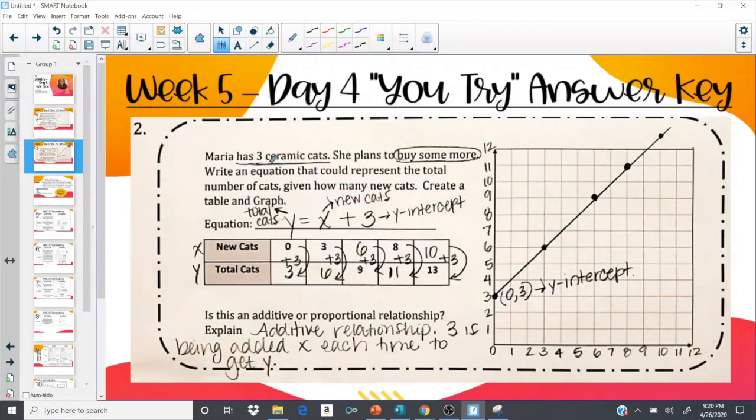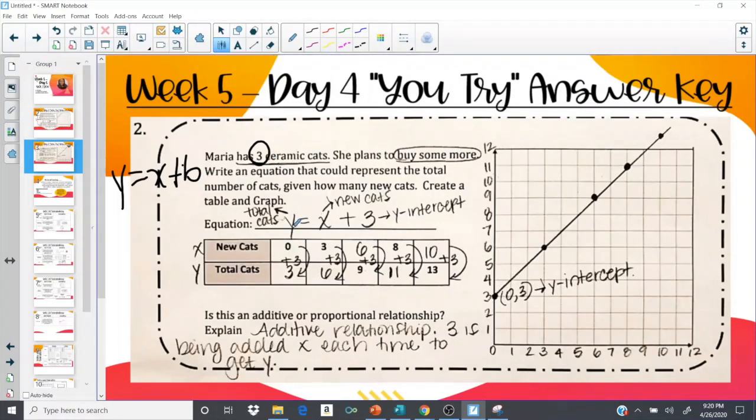So if 3 is our y-intercept, then we are going to replace b in the equation with 3. So we're using the equation y is equal to x plus b. We're going to replace b with 3.